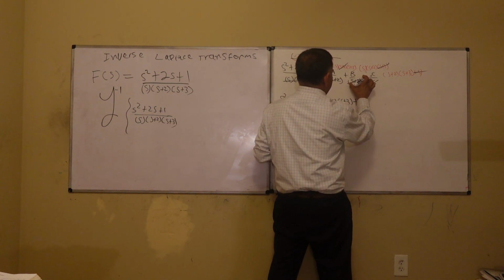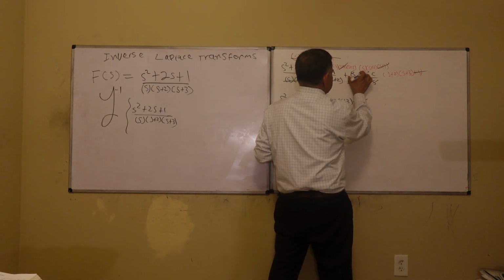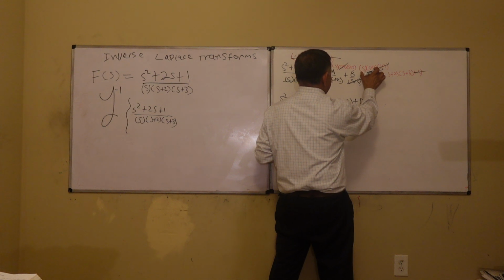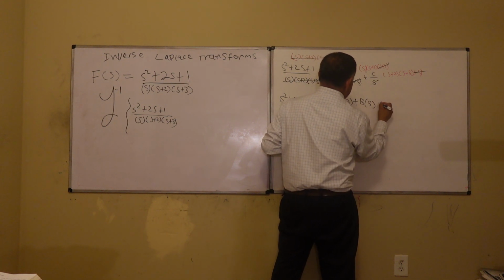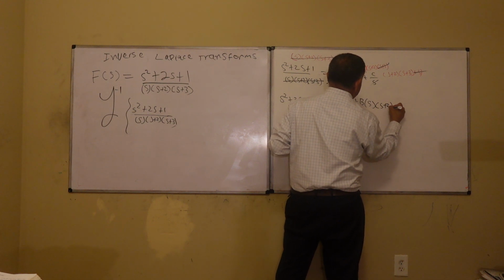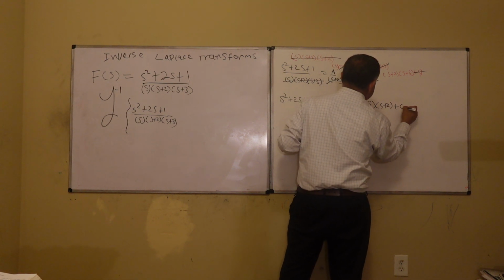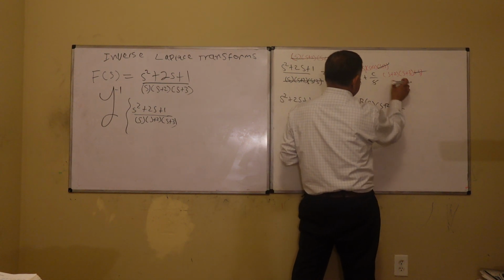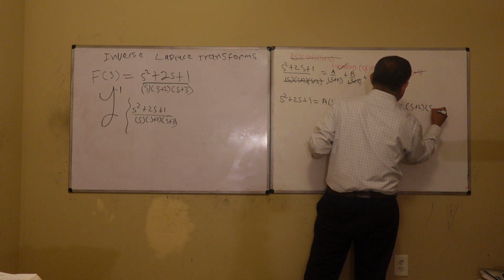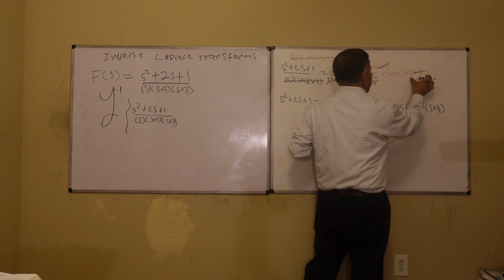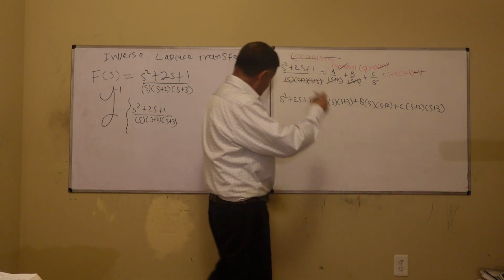B is multiplied by s times s plus 2, and plus C, and C is multiplied by s plus 2 times s plus 3 because s was gone, right?